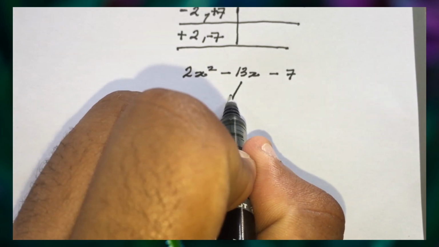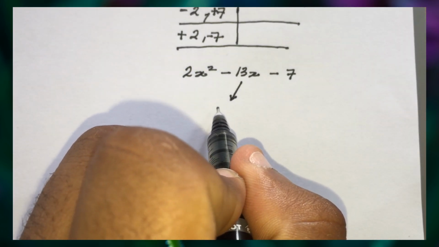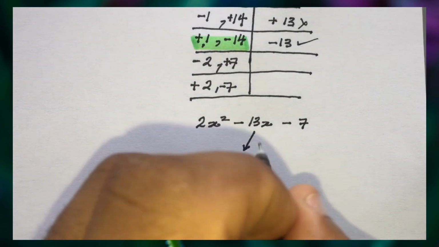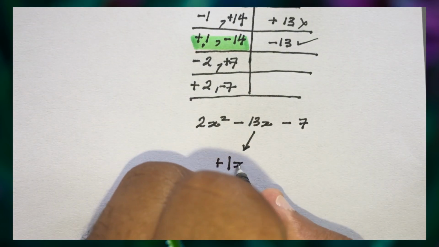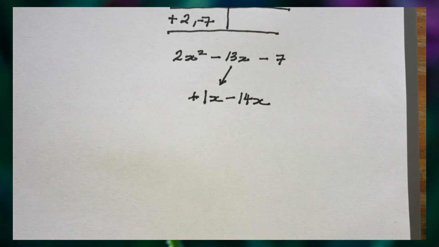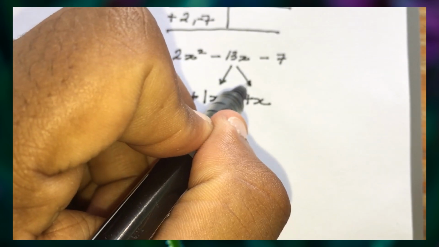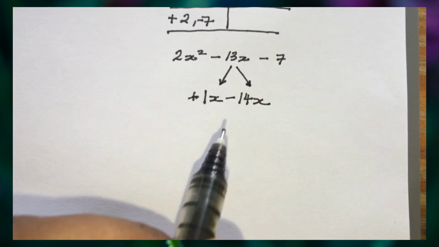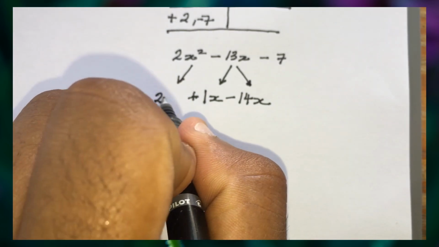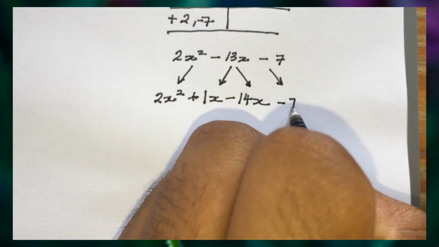So it's going to be a positive 1, so plus 1x, and a negative 14x, minus 14x. Good. So I just broke out the middle term using the key. I just opened up the expression. So I'm going to pull this back down, 2x squared, and pull this back down, minus 7.